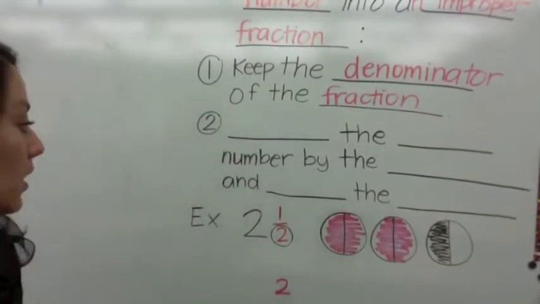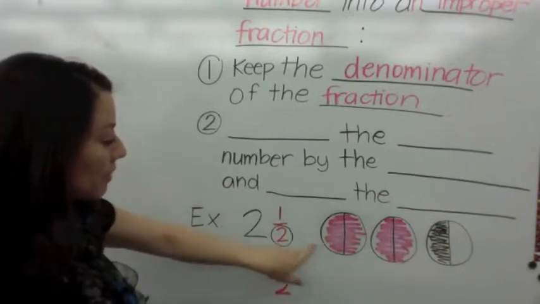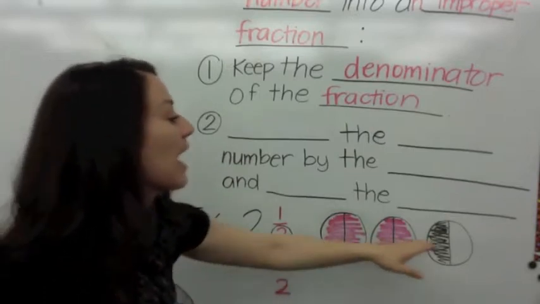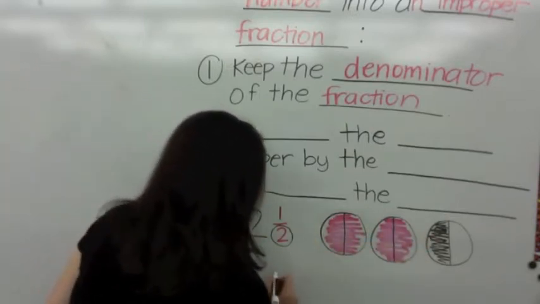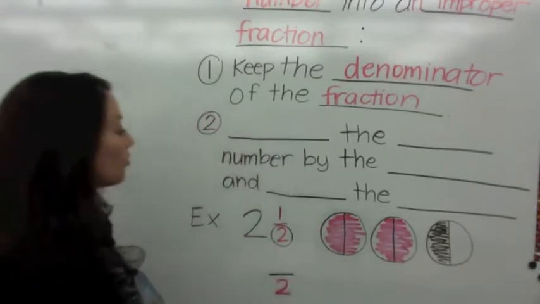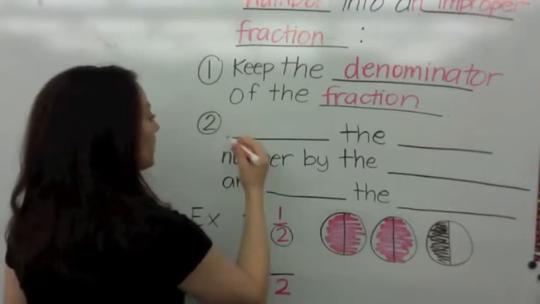Now we have the denominator. We're talking about halves, right? How many halves is 2 and 1/2? Well, in order to figure out the numerator, you have to do the opposite of division, which is multiplication.